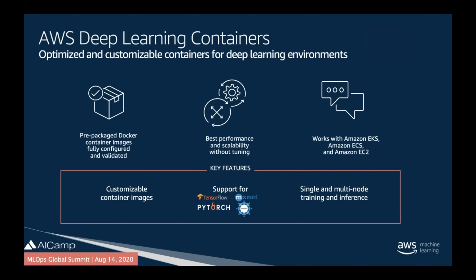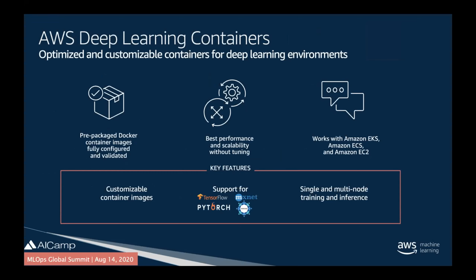Another thing, and then we jump right into the Kubeflow project, what also could be of big help, especially if you have to think of building those containers for your machine learning projects: AWS offers Deep Learning Containers for you to use, which are optimized and customizable environments specifically for your deep learning project.